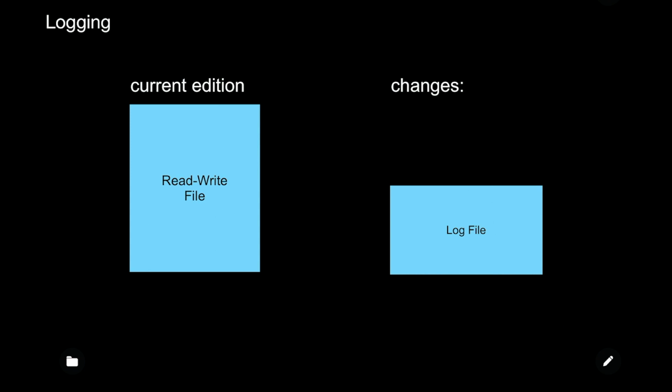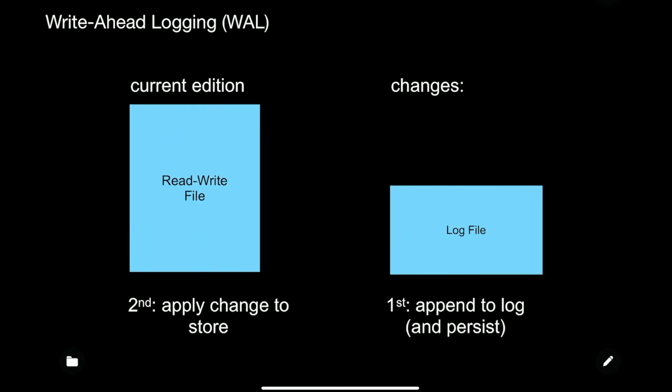So how does logging work? Logging can again be described along the lines of the book. We have a current edition, and that's a file that can be read and written. So you can read stuff from the current edition and you can write stuff to the current edition, and the changes are just kept in the log file.